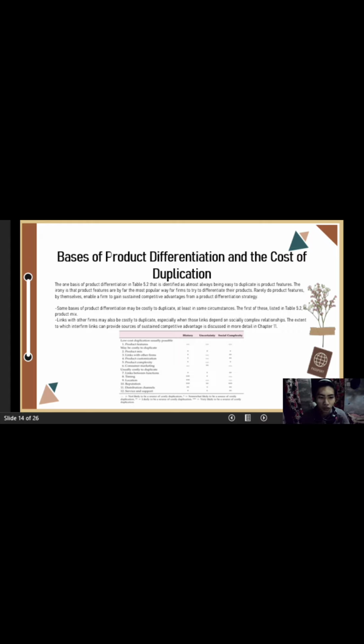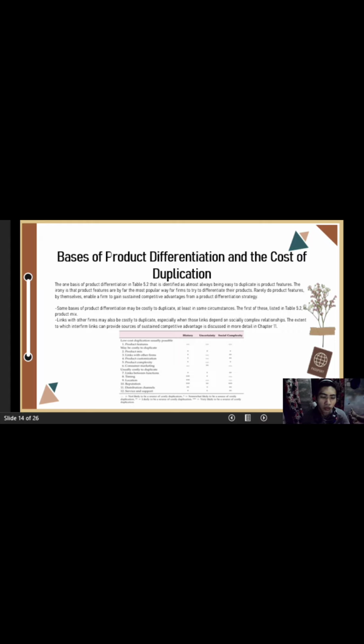So, such cross-border links can provide sources of sustained competitive advantage according to the World Economic Forum's International Competitiveness Report 2016. Some of the low-cost duplication usually possible are product customization, product complexity, and consumer marketing.